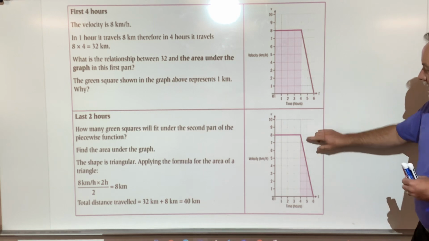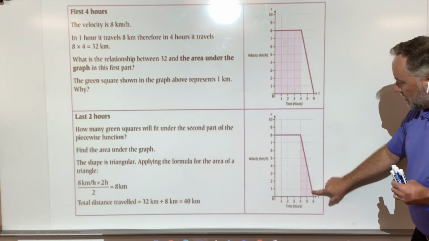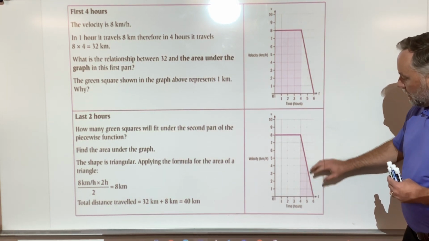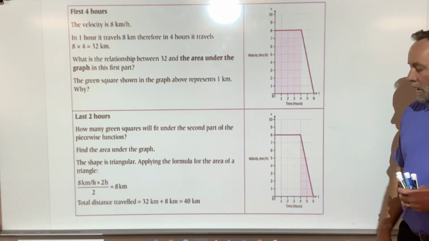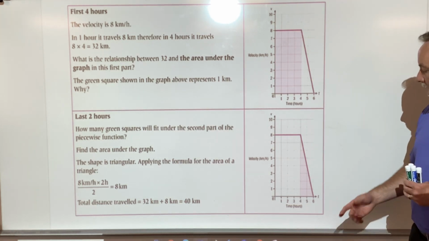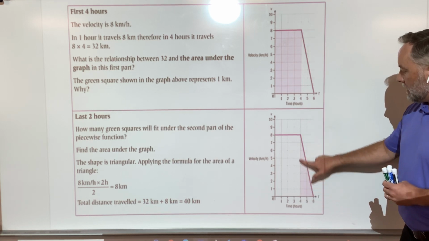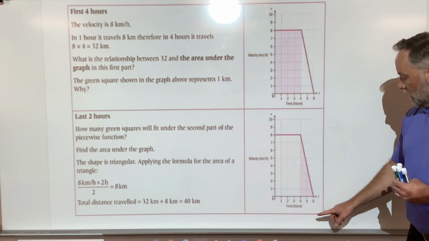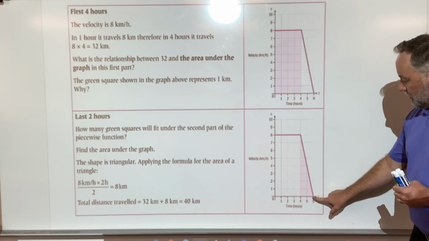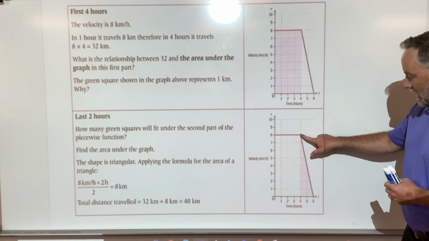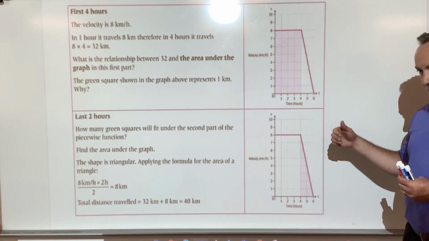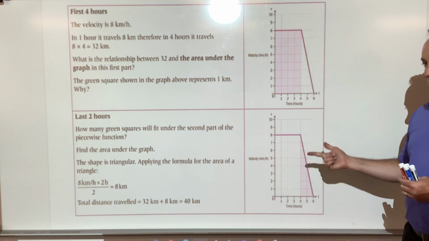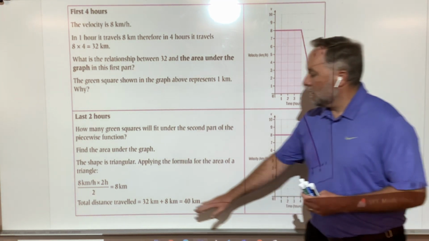Okay? Down here, the shaded part is the rest of it, which is this triangle, and we know that the area of a triangle is 1/2 the base times the height. So again, 1/2 times the width, which is 2, and the height is 8. So 1/2 times 2 times 8 would just give us 8.